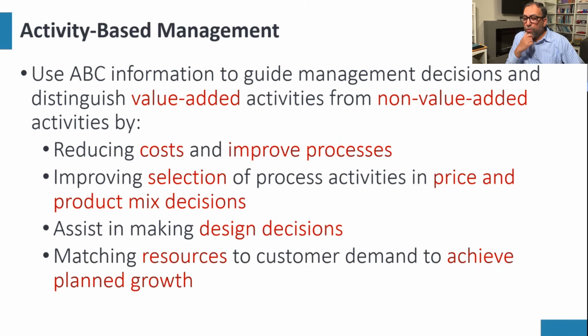So use ABC information to guide management decisions and distinguish value-added activities from non-value-added activities. Just as an example to understand, if we are earning less profit on the simple lens, and there are a lot of deliveries and a lot of design and modeling changes involved, we can request our customers that if you don't change the design so much, and if you order in bulk, our delivery process is going to be narrowed down.